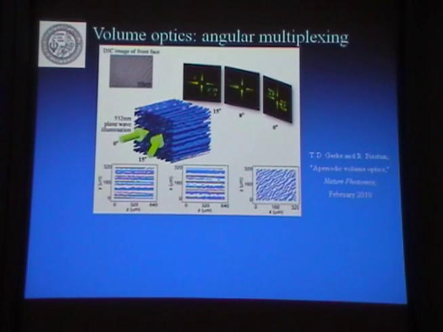Okay, so you see it's not periodic, but it's a volume because it has 64 by 64 by 64 voxels. And here you have, if you come with 0 degree, you get the C. You come at 15 degrees, you get the U, and in the middle, you don't get anything. So this is one of the things you can do. You can do for different angles, different functions.